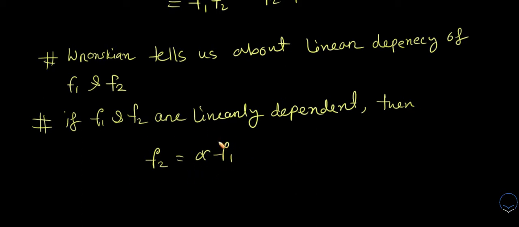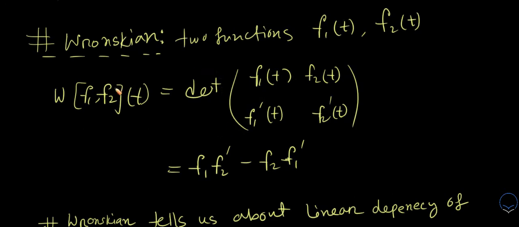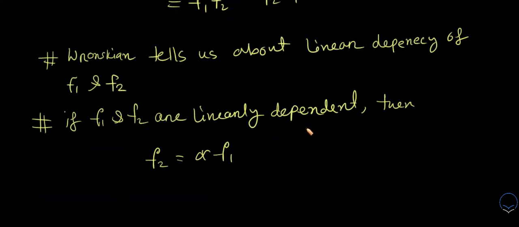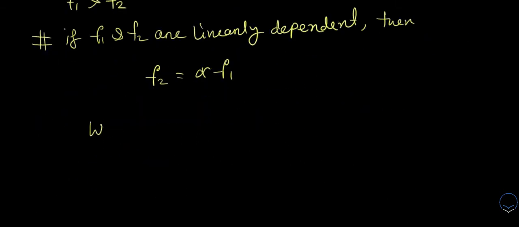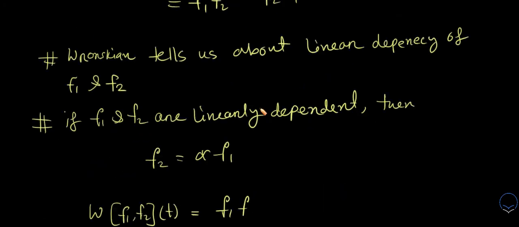And now if you use this fact and compute the Wronskian, you can see that the Wronskian will be 0, because the Wronskian of f1 and f2 was in general f1 f2 prime minus f1 prime f2, right?